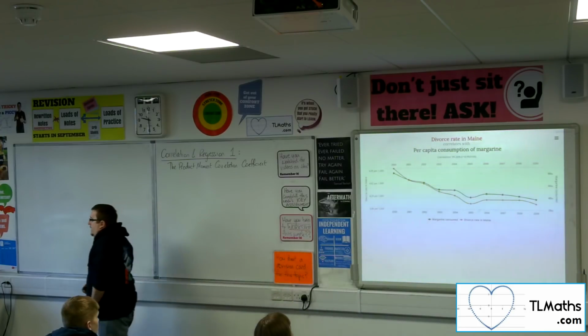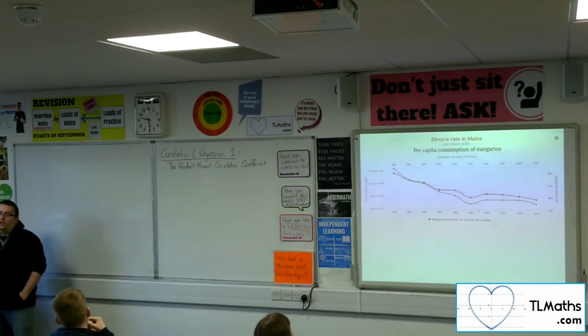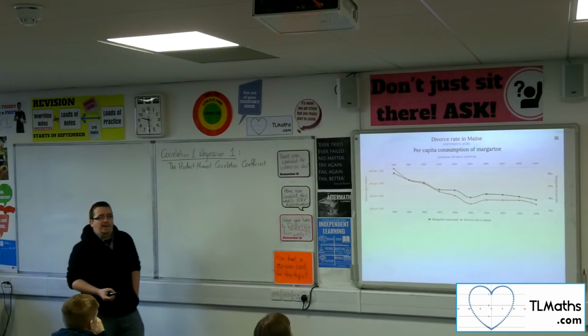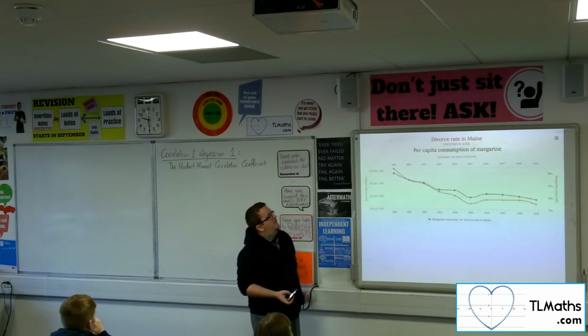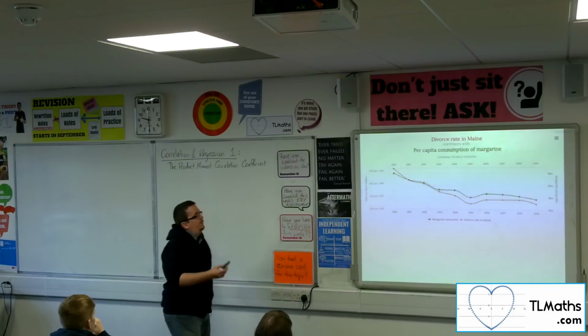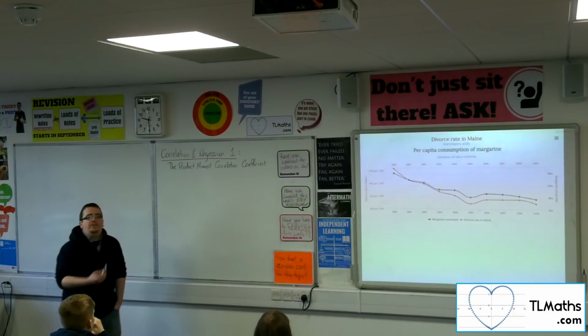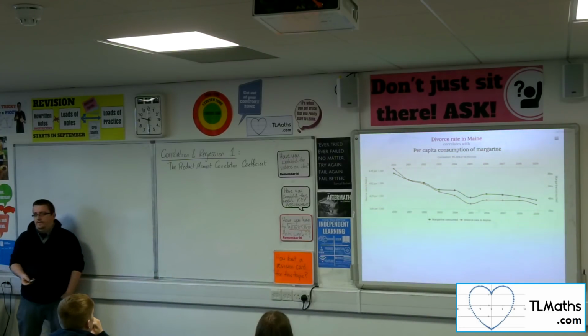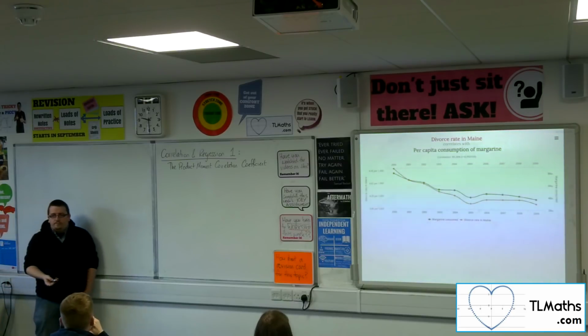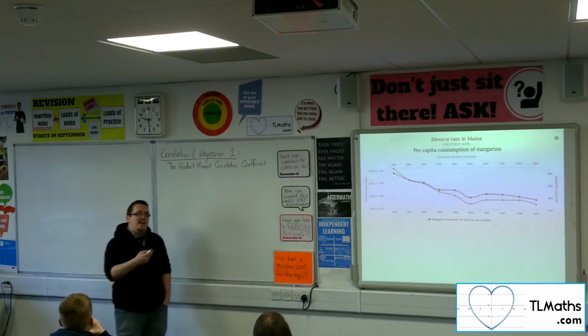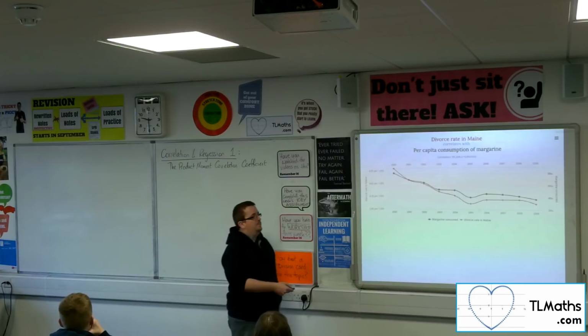You can see these two things correlate pretty closely. But does that mean that because the divorce rate is going down, the consumption of margarine is going down? Just because they're correlated, does that mean they're causing one another?